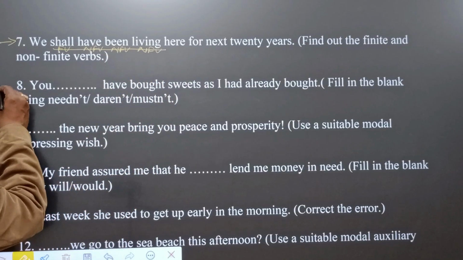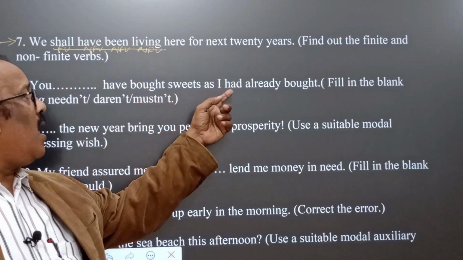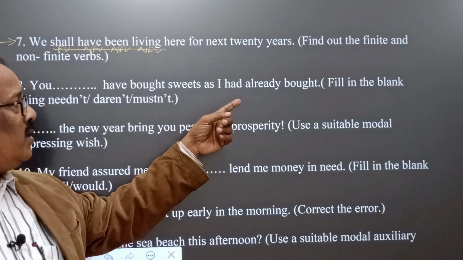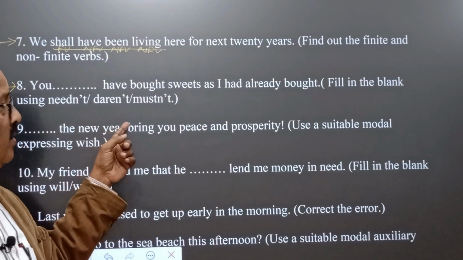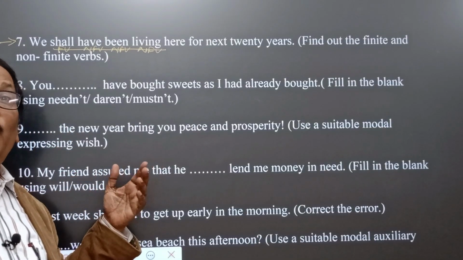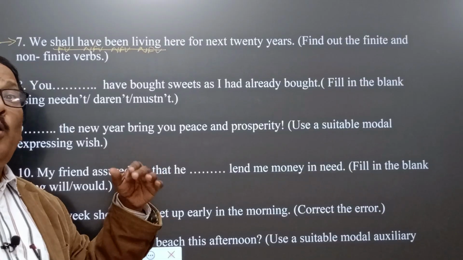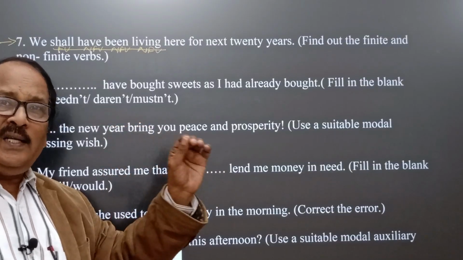Question number 8. You blank have bought sweets as I had already bought. And the instruction here is, fill in the blank using needn't, daren't and mustn't. Needn't is used whenever we want to express that something is not necessary, or in other words, something is unnecessary.